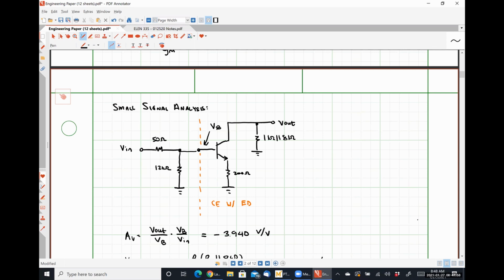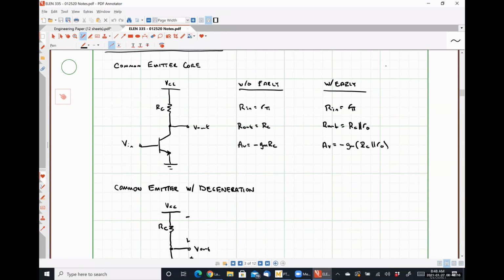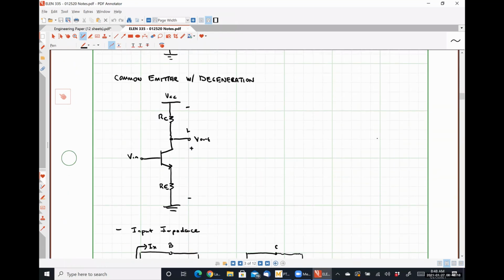From there, looking at this small signal simplified circuit, I've shorted out all of my capacitors, and I'm just trying to figure out what it looks like. If I go to my notes, it looks like my common emitter with degeneration, where in the small signal realm, this VCC is grounded, right? To small signal, we turn off that power supply.